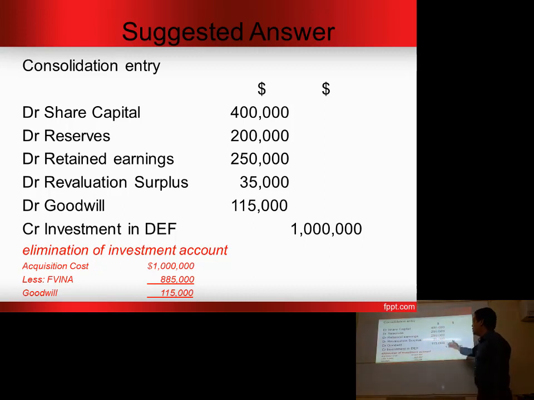Notice we use the original amount. So at the date of acquisition, you have to eliminate. We'll just assume for illustration purposes that we have not yet touched the income section, but it should be included.